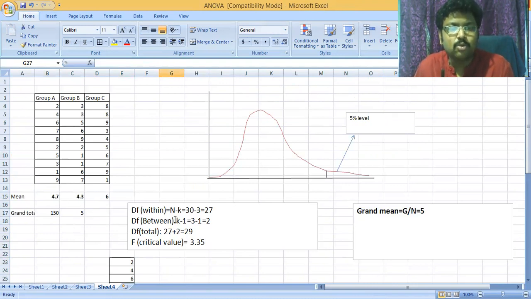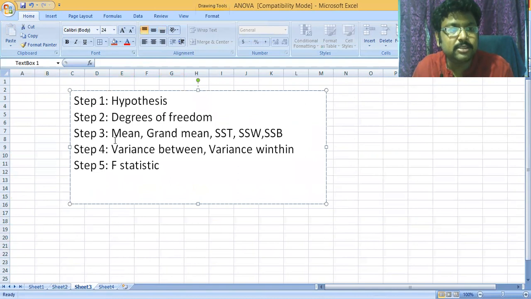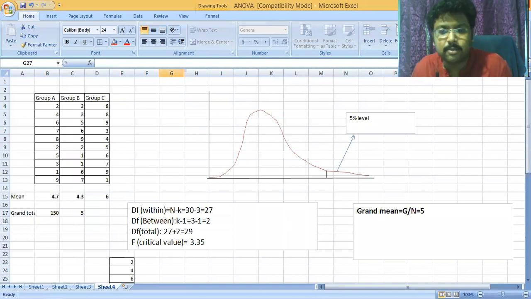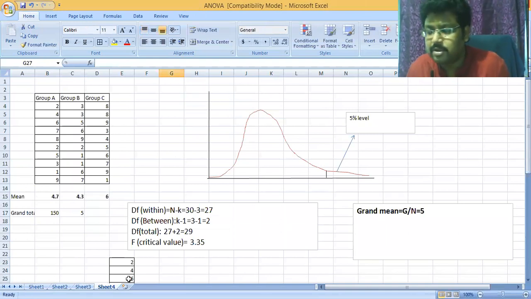Now look at step 3. We have found the means of each group and the grand mean. Now we are going to find the sum of square within and the sum of square total. How can the sum of square total be found?